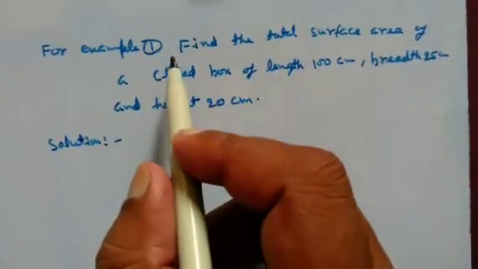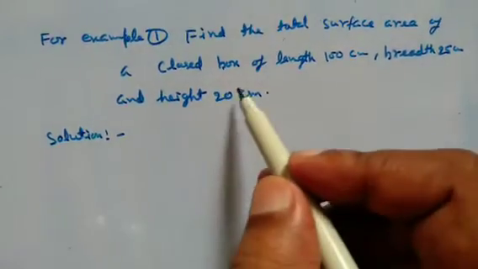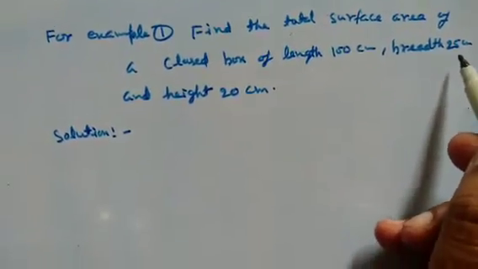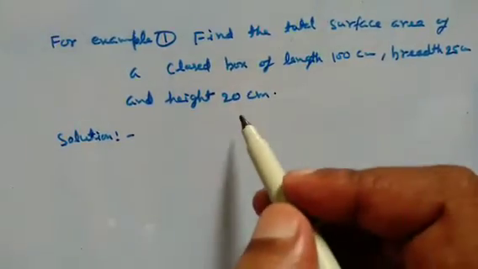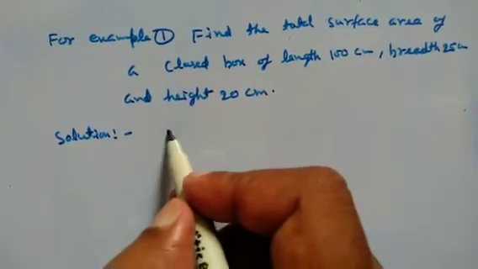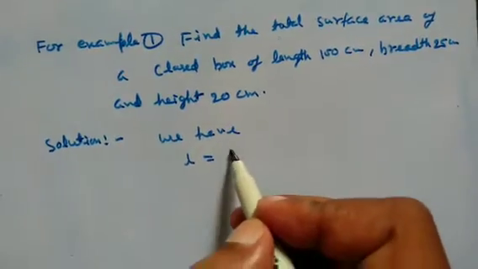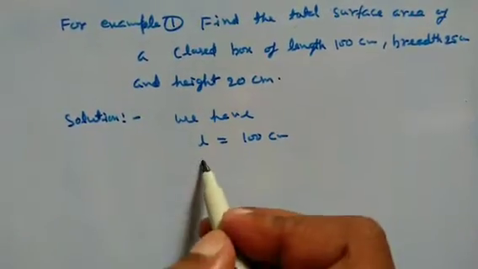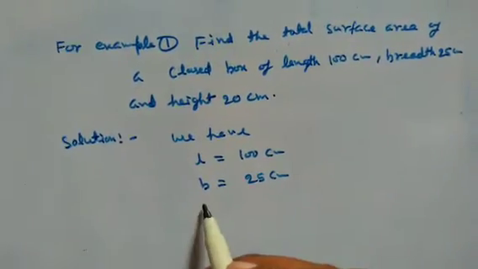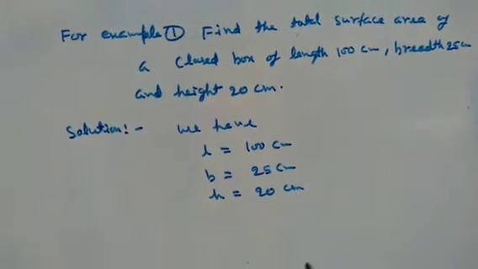For example, find the total surface area of a closed box of length 100 cm, breadth 25 cm and height 20 cm. Solution: we have L equal to 100 cm, B equal to 25 cm and H equal to 20 cm.